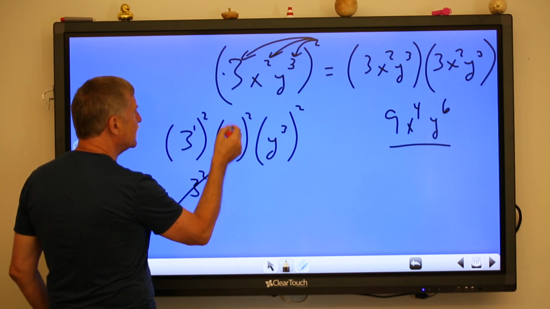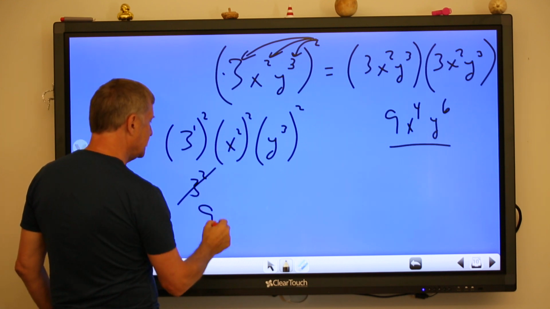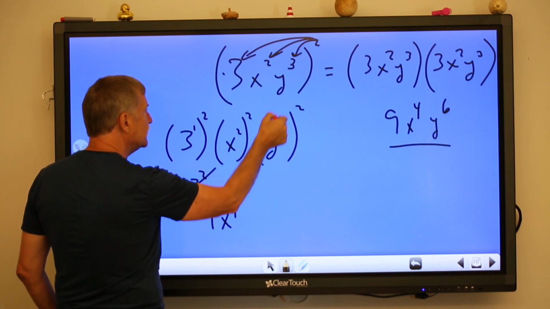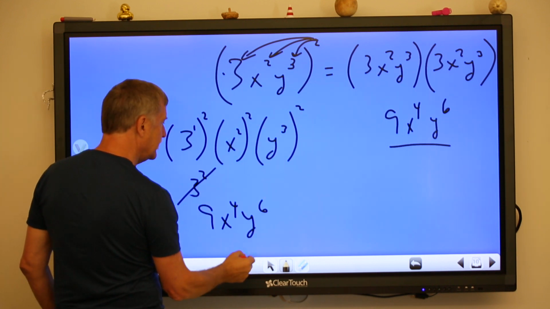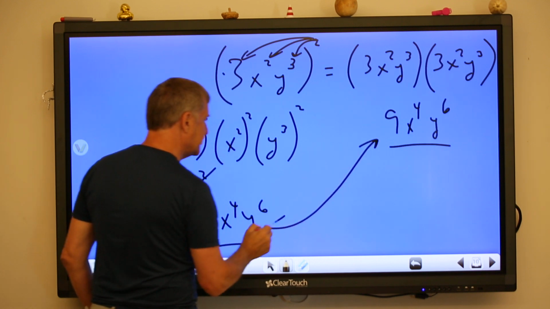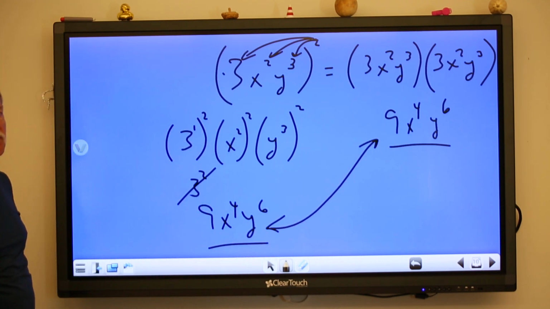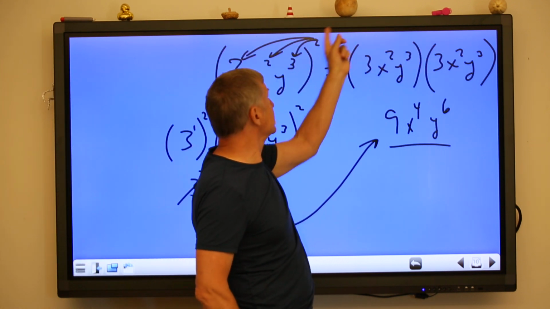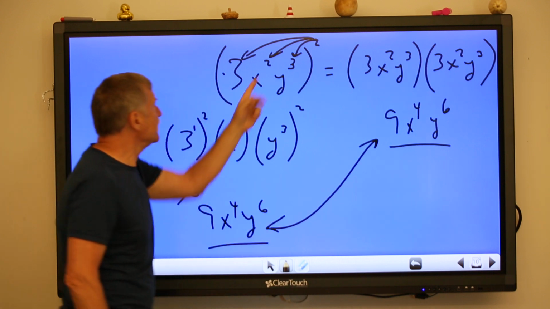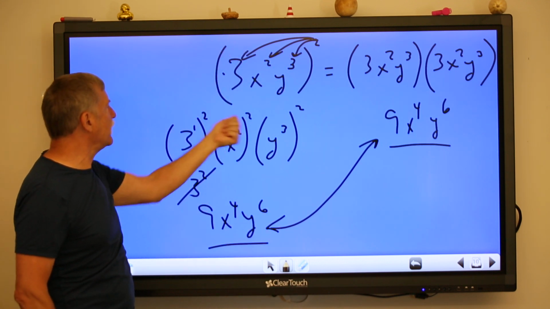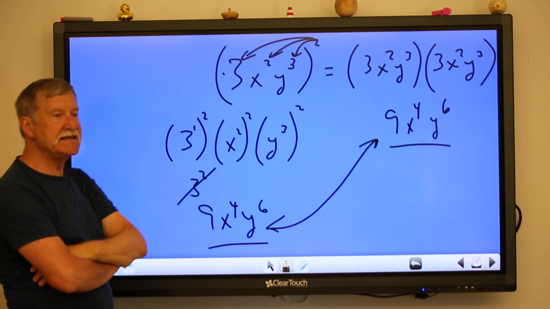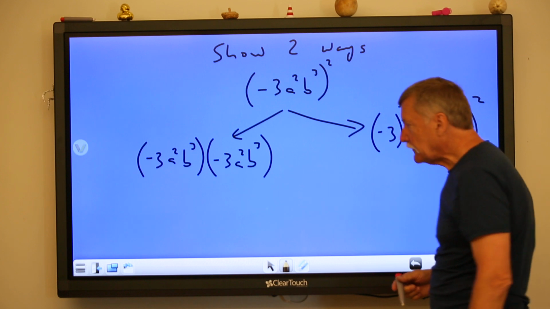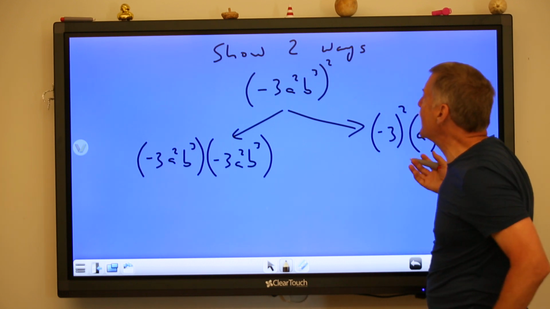Now I got x squared twice, 2 times 2, x to the 4th, and now y to the 3rd twice, or 2 times 3, y to the 6th, and guess what? It's the same answer. Two different ways to do it. You can break it apart and multiply it however many times the outside exponent tells you to, or you can take that outside exponent and multiply all the exponents inside. That's the power rule.